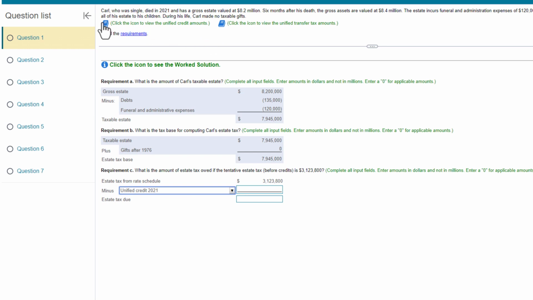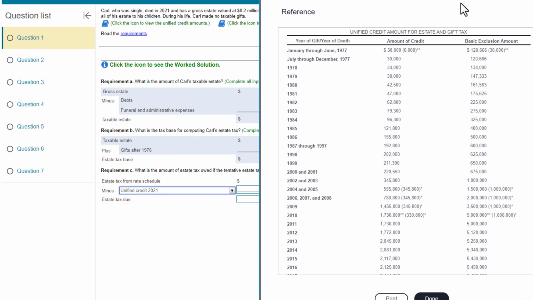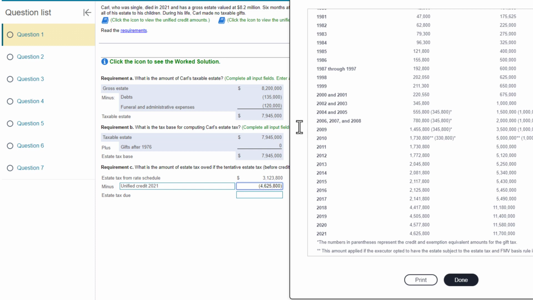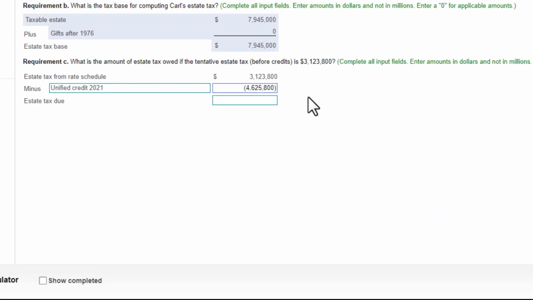Well, we come up to the chart, and the chart says, as of 2021, for the first $11,700,000 of estate, the tax credit is going to be $4,625,800. So, on his estate tax, which is $3,123,800, there's going to be a credit of $4,625,800.